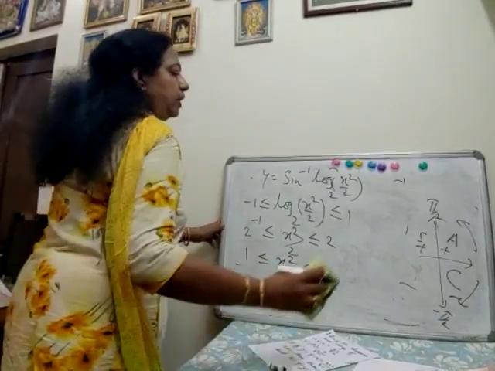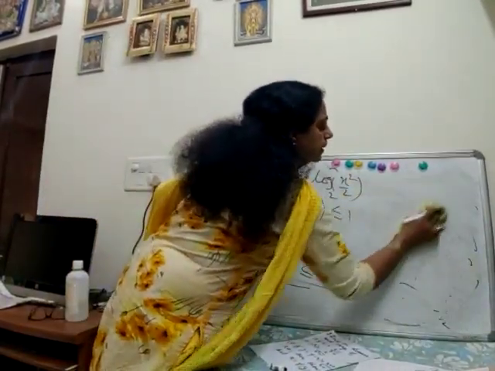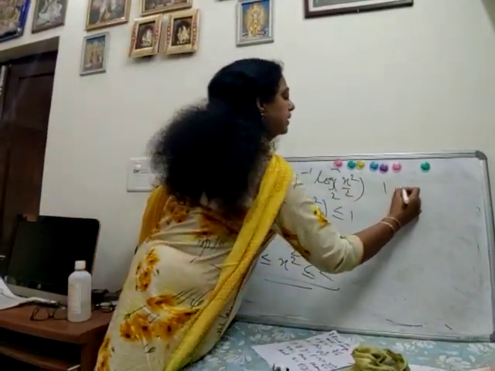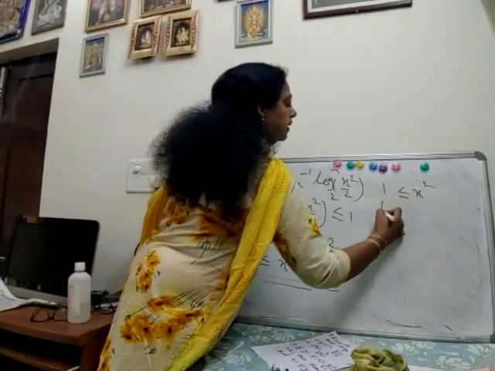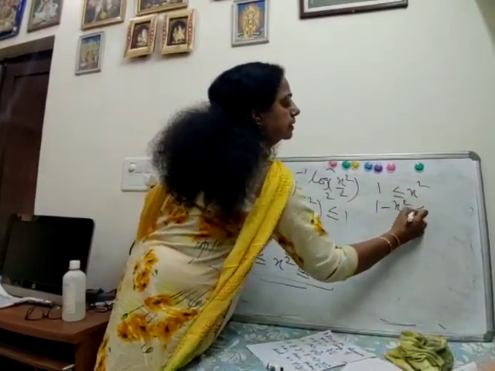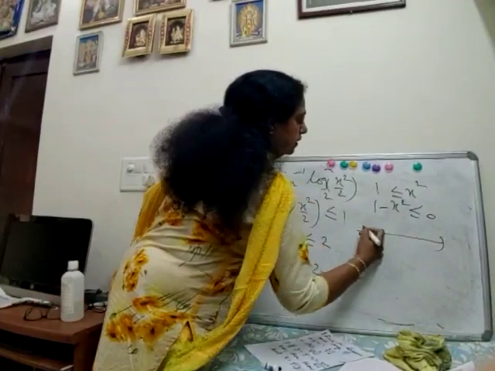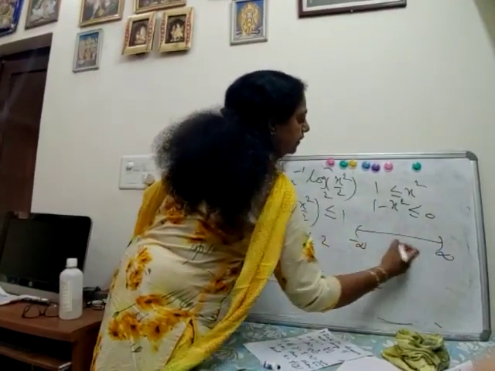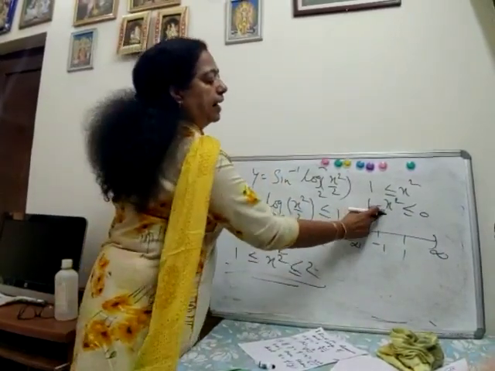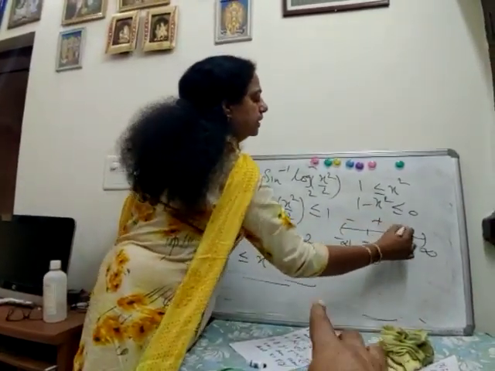So we will have two inequalities here and you have to get a combined solution of that. That will be the domain, values of x. So 1 is less than or equal to x square, here 1 minus x square is less than or equal to 0. So here you will have minus infinity, infinity and roots are -1 and 1, and here a is negative, so negative, positive, negative.